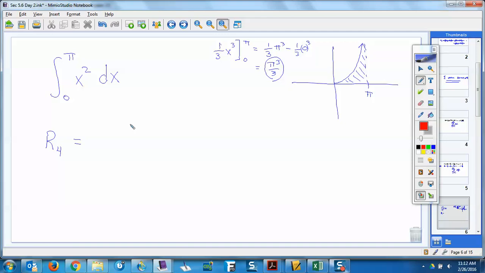All right. So let's write out an R4. Now, I've got my little picture over here, so I could go ahead and subdivide that. What would be this one right here? This is pi, so this would be pi fourths. What would this one be? Pi halves? Sure.